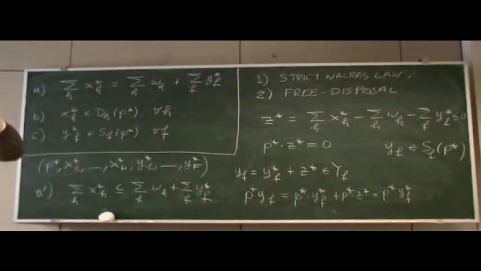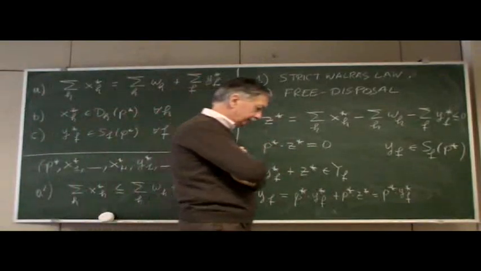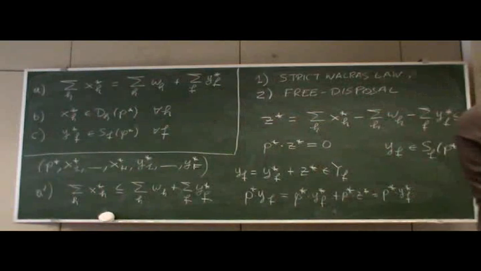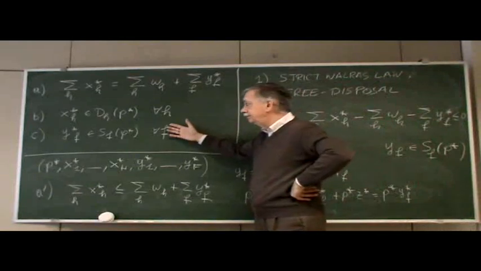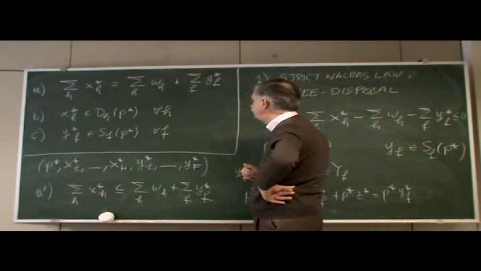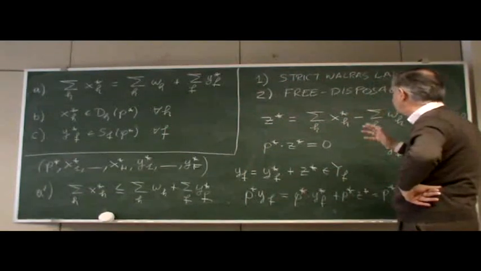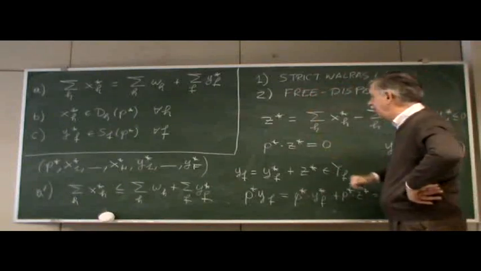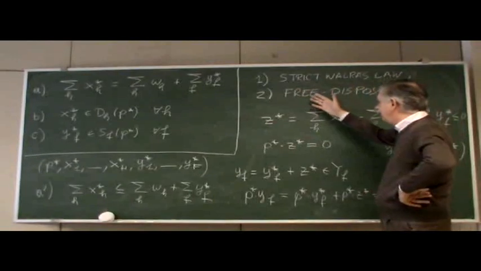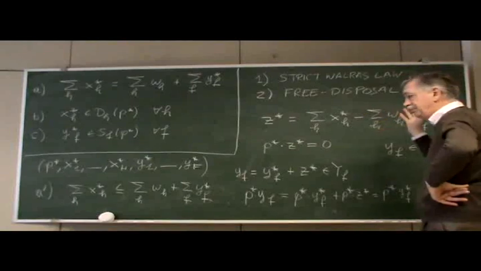Well, right, and then I shall repeat all the demonstration. This is the definition of equilibrium. But now we suppose that Warner's law holds in a strict form and that there is at least one firm which has free disposal technology.